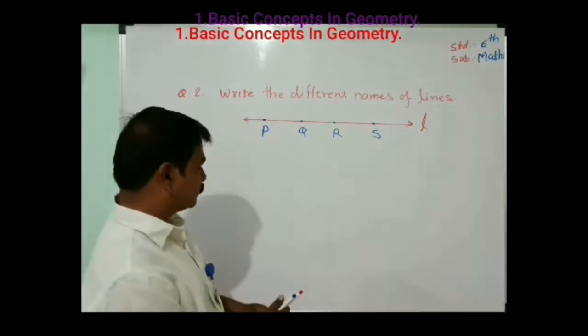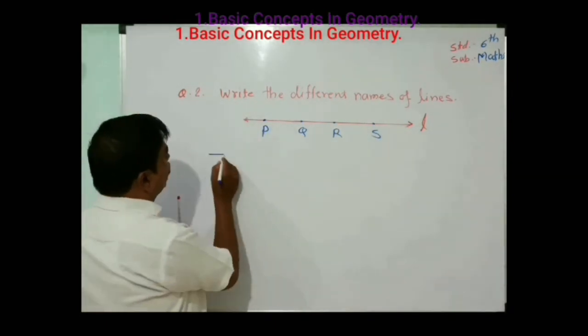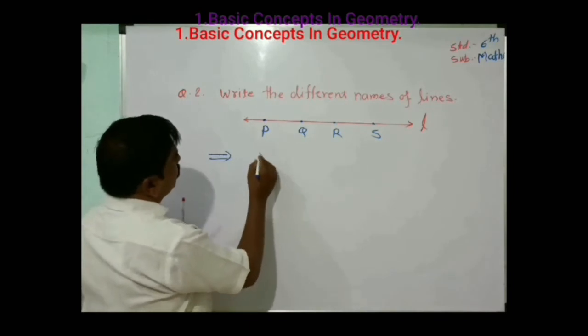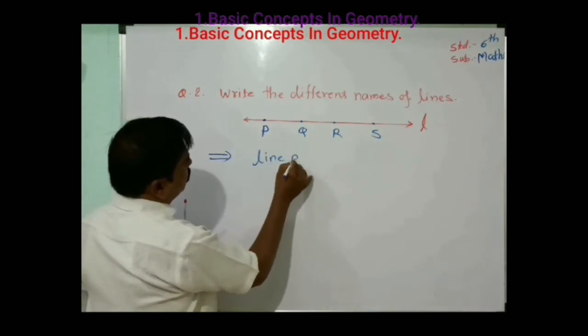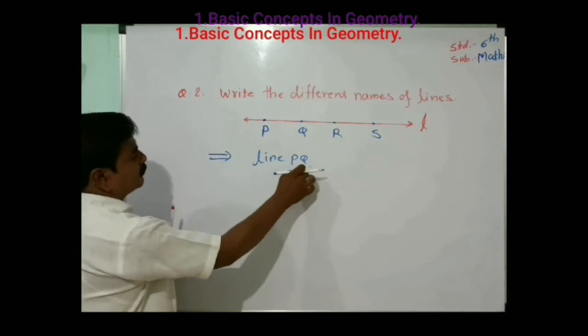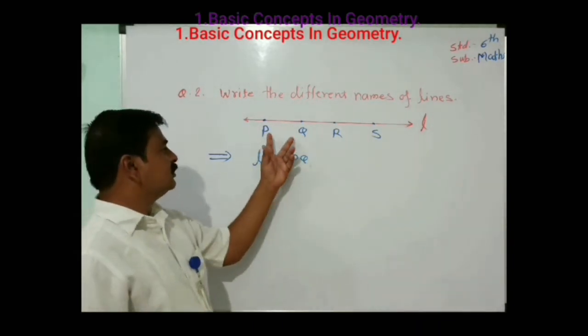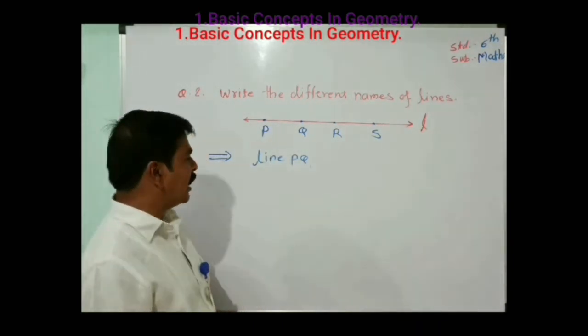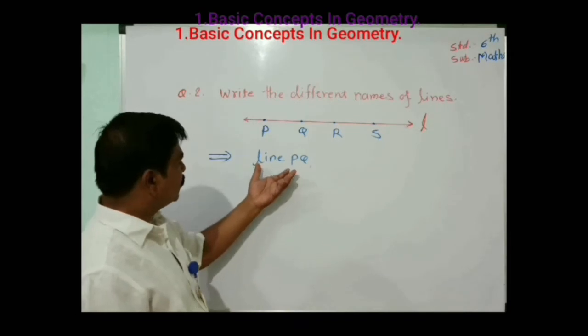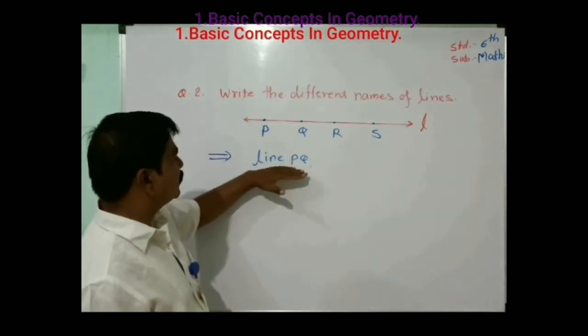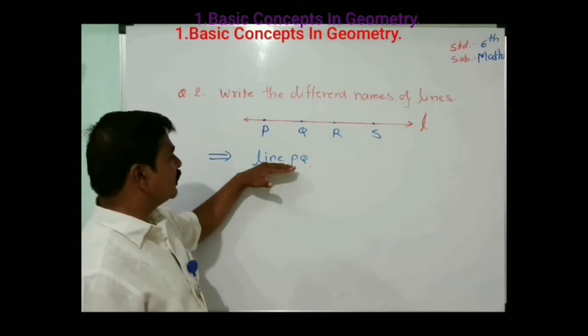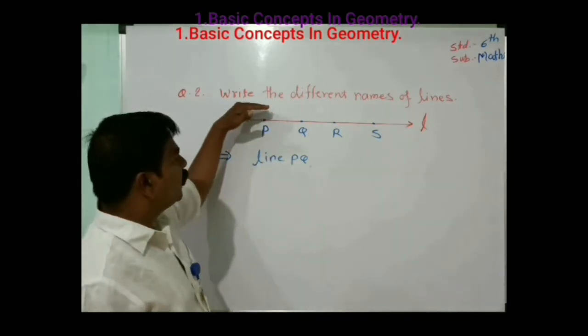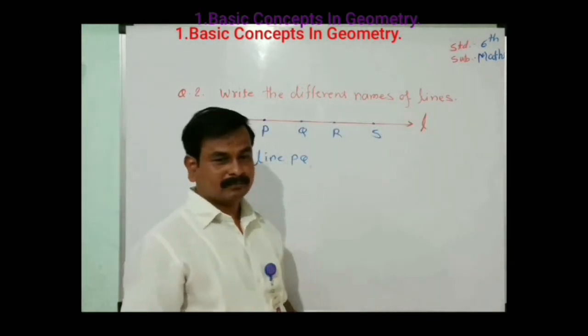If we now write down different names, first, line PQ. I used 2 points and I have written the name of this line. From this line PQ, the whole line is stated.